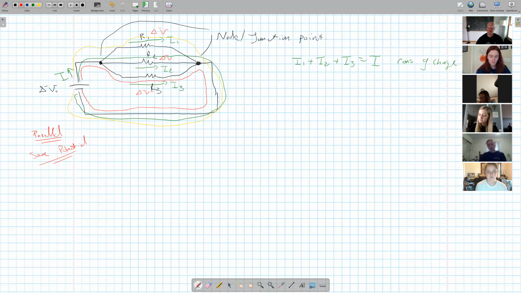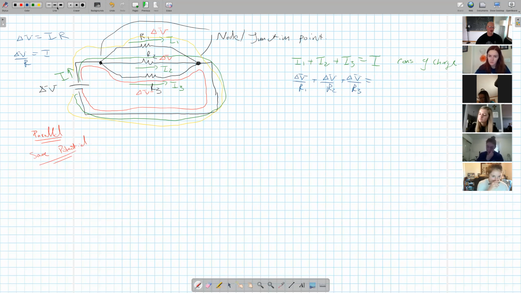Okay? Now, we're going to use that here when we go back to Ohm's law. So remember, Ohm's law again says that the potential is equal to the current times the resistance, which means the current then is equal to the potential divided by the resistance. So this means that I1 I could rewrite as the potential divided by the resistance R1. I2 then is the potential divided by the resistance R2. I3 then is the potential divided by resistance R3.